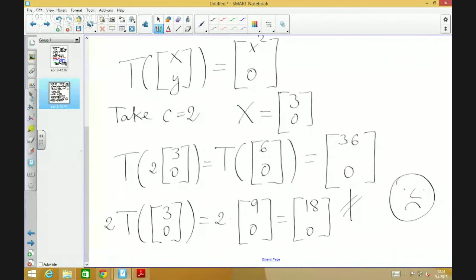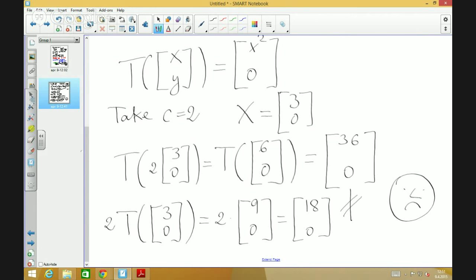Once you know what it takes for a function to be linear, to show that a function is not linear, you just have to find an example that violates one of those properties. And typically, it's not difficult at all to find the example, because there are infinitely many examples that show that it doesn't work.